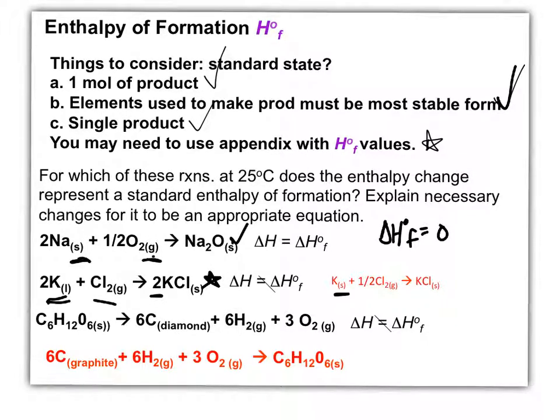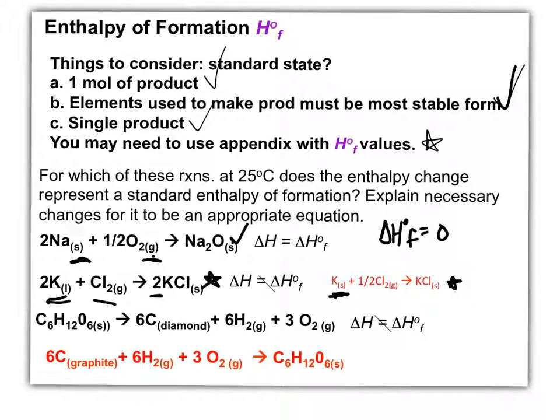So in order to fix this and make it where this is actually a standard enthalpy of formation equation, we're going to change out our liquid potassium for solid potassium, and we're going to divide this equation by 2 so that we get this overall equation here.